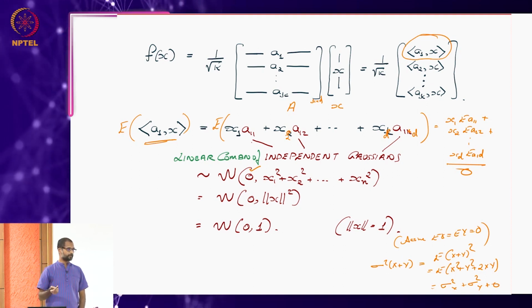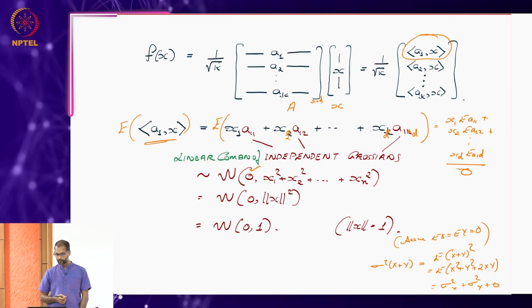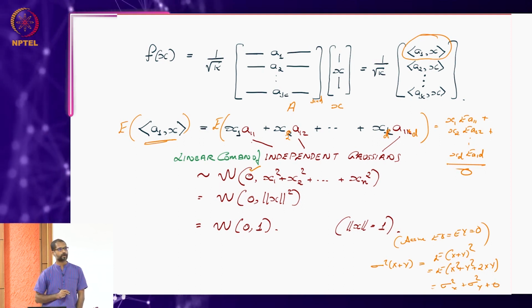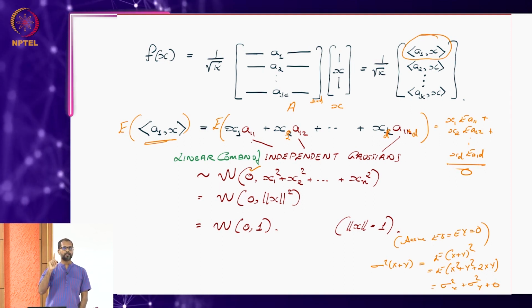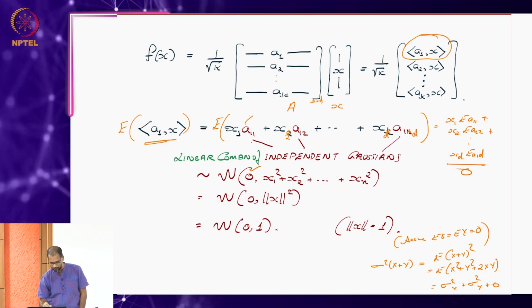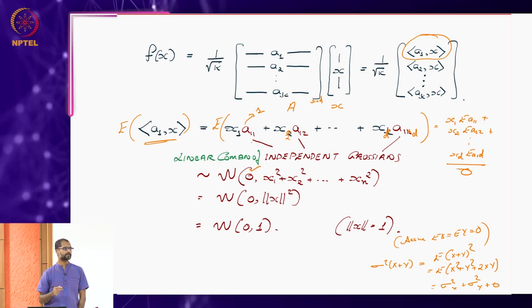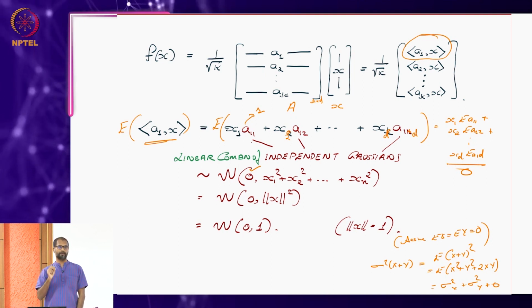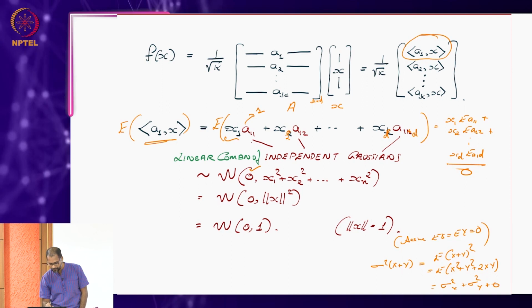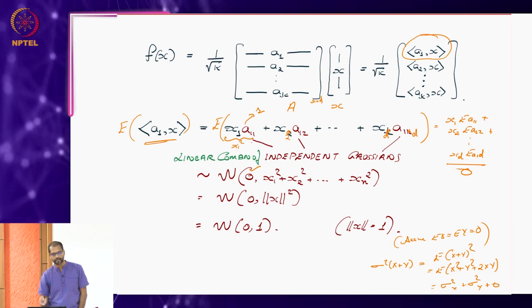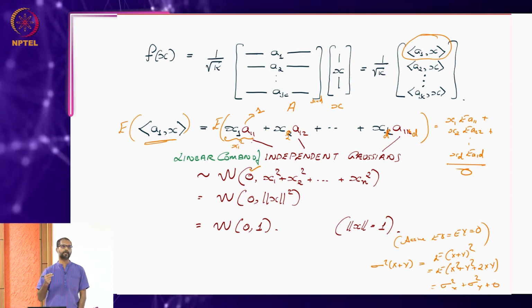So variance will add up, right, but now what do they add up to? What is the variance of x1 a11? a11's variance was 1, right? If you scale it with x1, what is its variance? X1 squared. Okay. So, this guy has a variance x1 squared, the next guy has a variance x2 squared and so on.